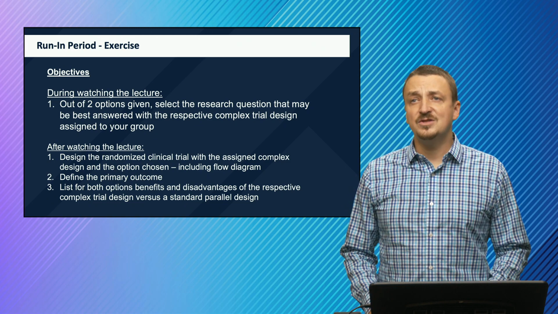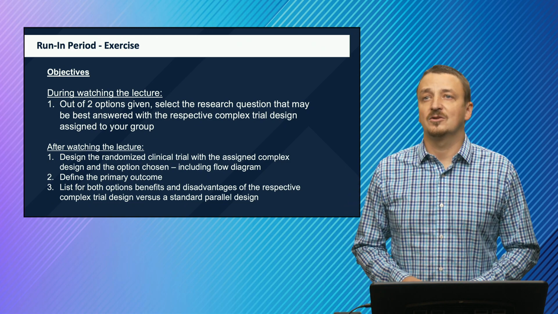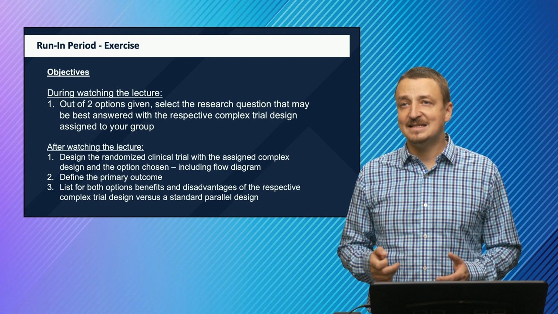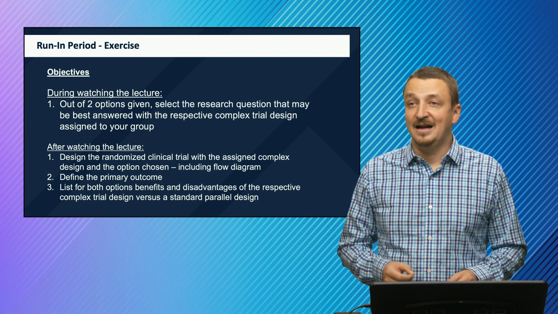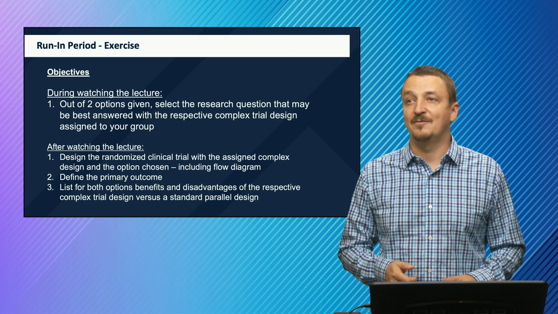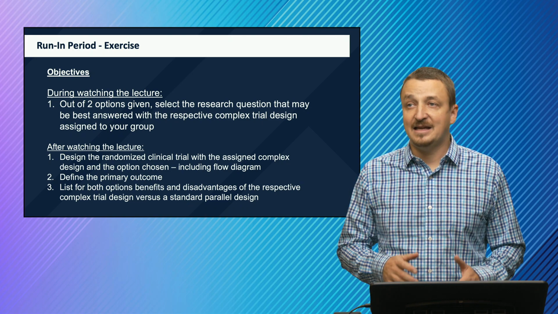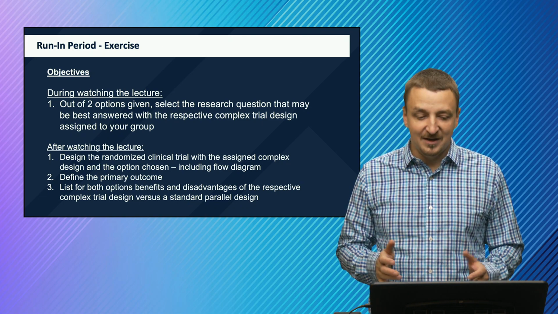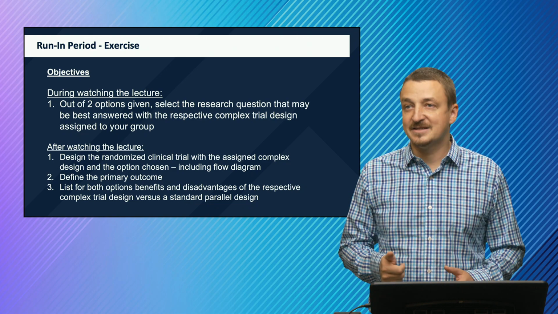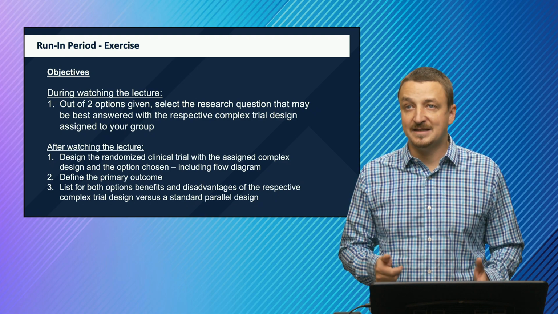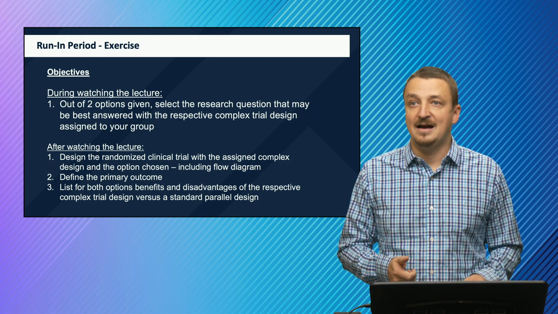I now want to introduce the first exercise. The objective of this exercise is that while watching the lecture, I'll present two options for a run-in period design. Then I'll pause and give you some time to select the research question that may be best answered with the respective complex trial design, here the run-in period.